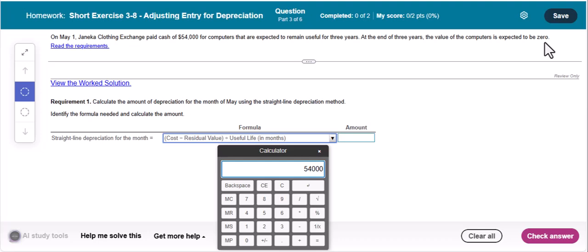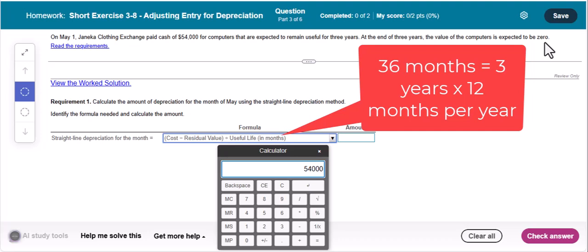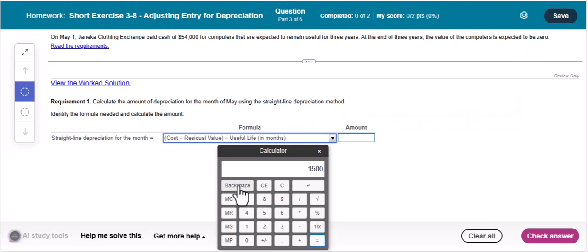So then we take the useful life of 3 years, but remember this 3 years is in months. So we multiply the 3 years by 12 months to get the months. So that's 36 months that we are dividing by for the useful life here. And that is going to give us $1,500 of depreciation per month.